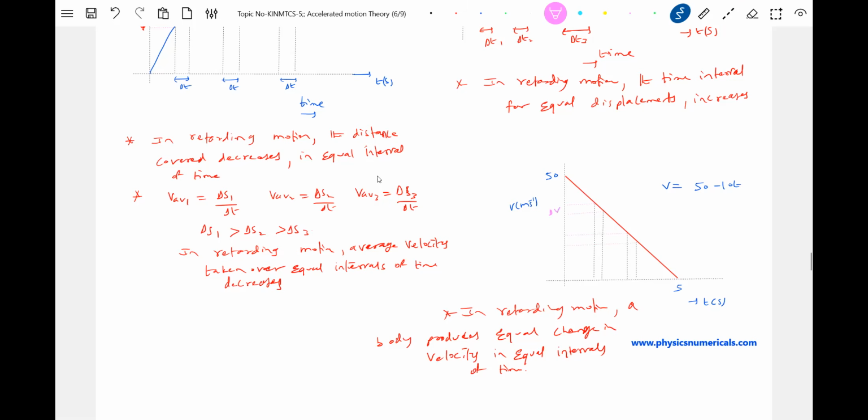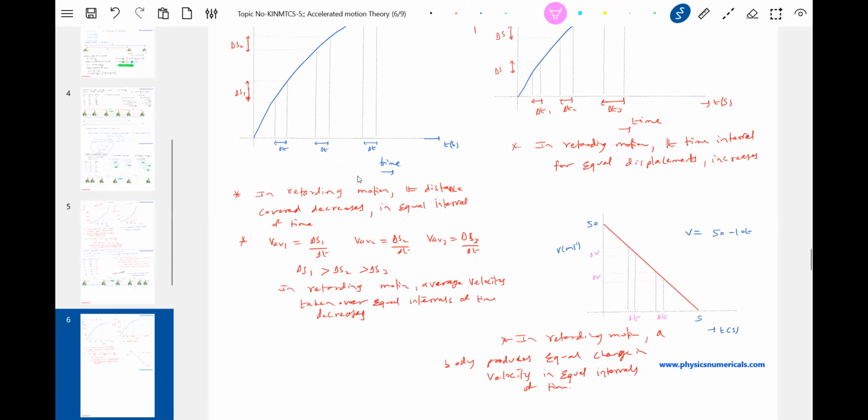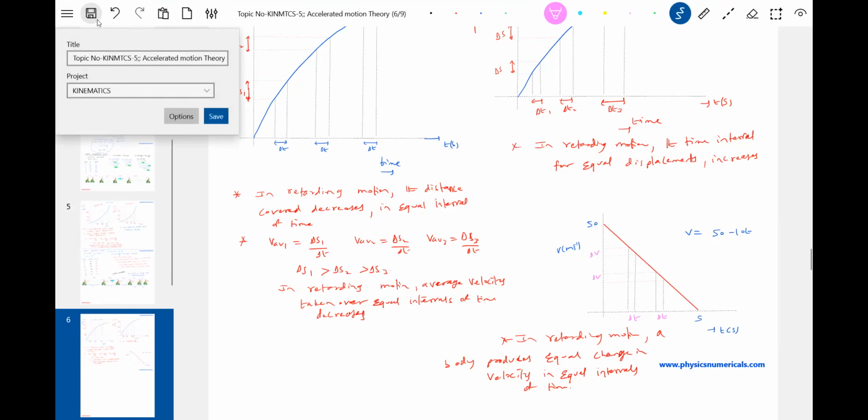So this will be delta V, delta V, delta T, delta T. A body produces equal change in velocity in equal intervals of time. Okay, this is about uniform retarding motion. I think so much theoretical information is what we have analyzed.